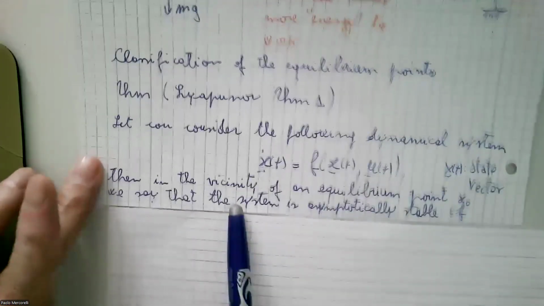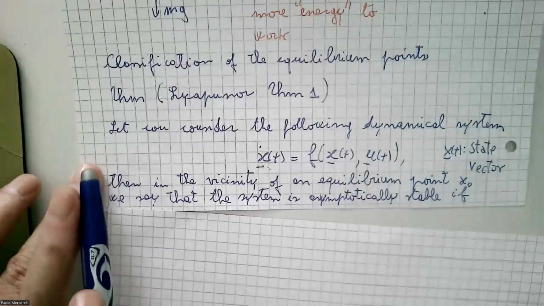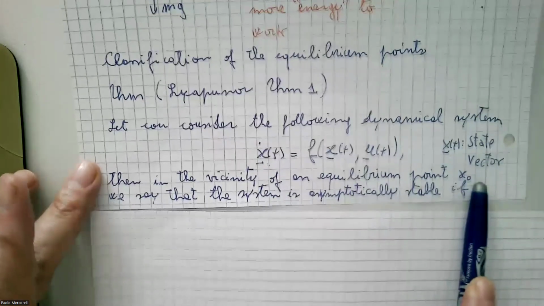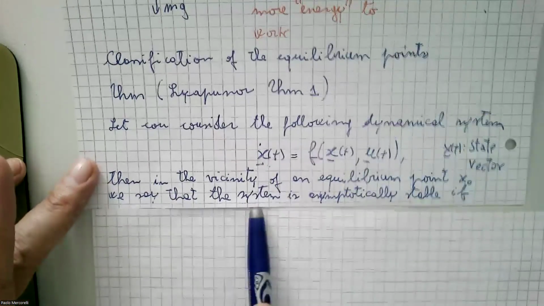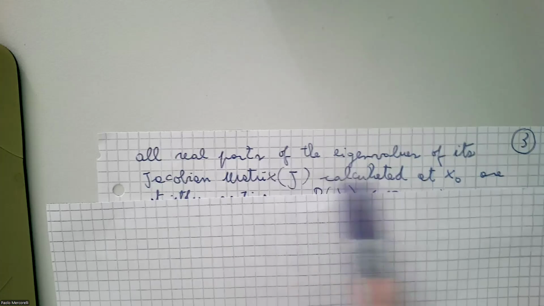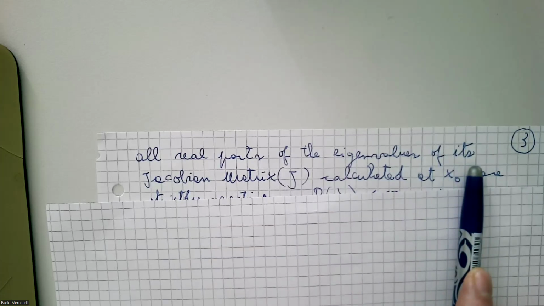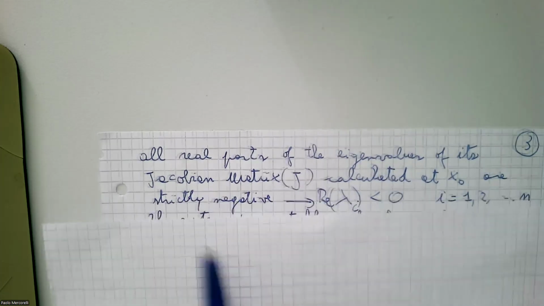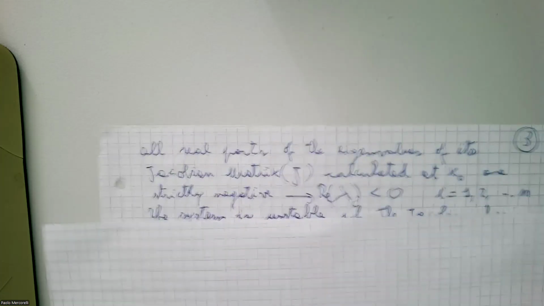Then in the vicinity, close to an equilibrium point x0, we say that the system is asymptotically stable if all real parts of the eigenvalues of its Jacobian matrix J, calculated at x0, are strictly negative.